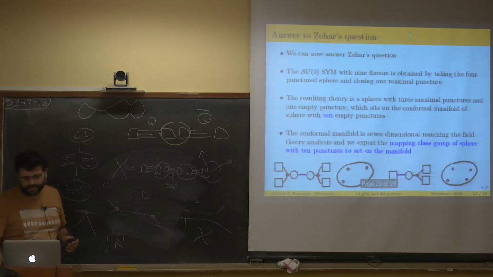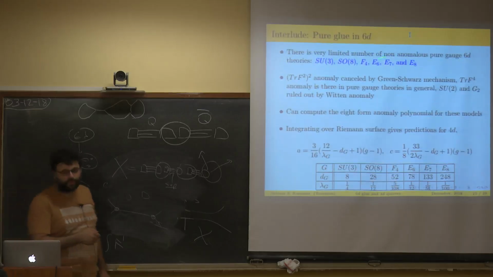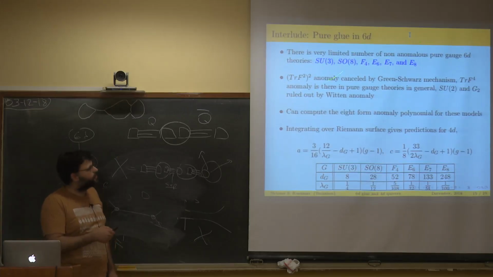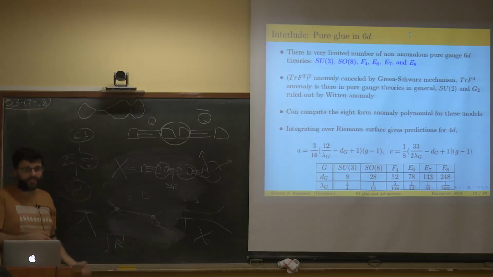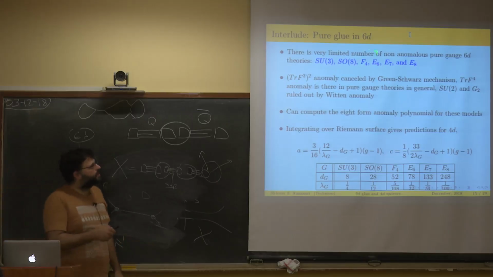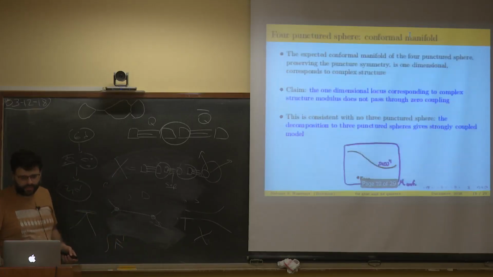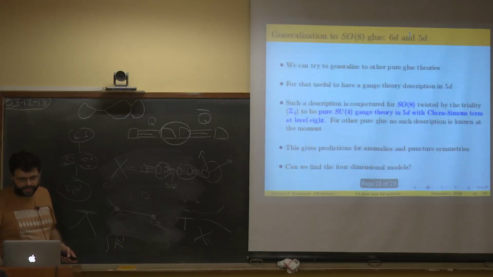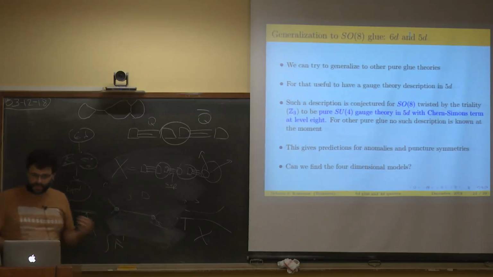Remember that we mentioned there are several pure gauge theories in 6 dimensions. We analyzed SU3, and we had a conjecture: we started from 4 dimensions, reverse engineered, and then engineered back. But there is also the case of SO8 pure gauge theory in 6 dimensions. It is special in the sense that for this theory we also know a conjecture for what the 5-dimensional theory is.